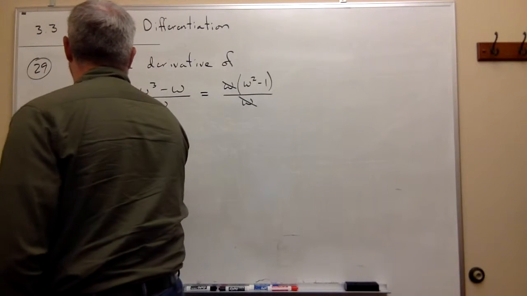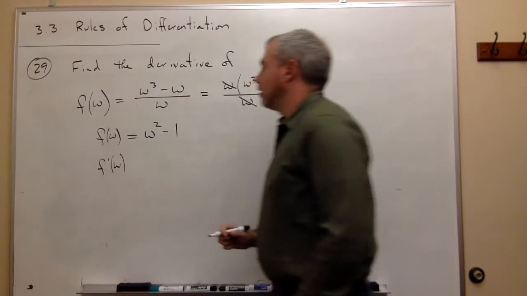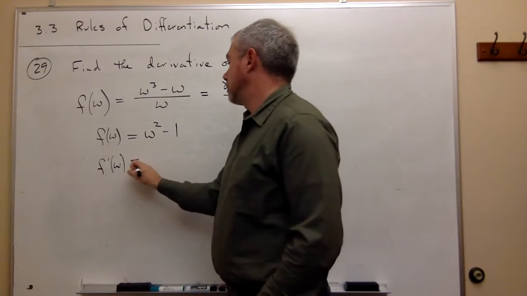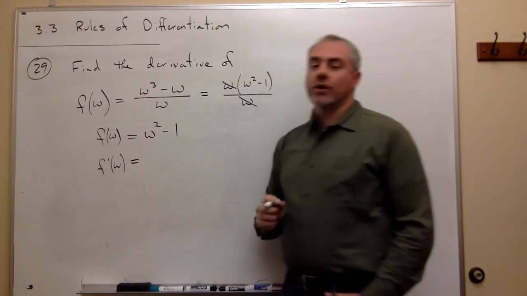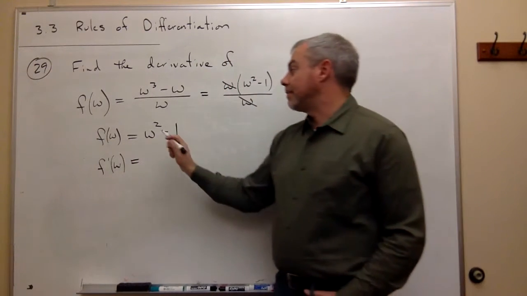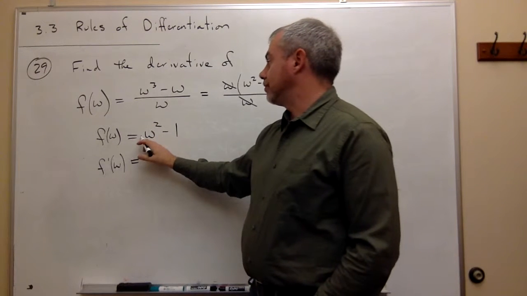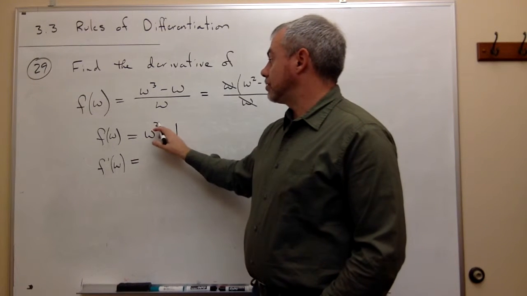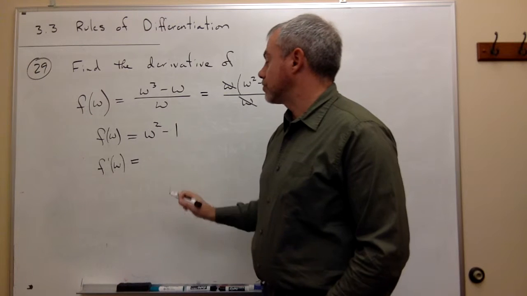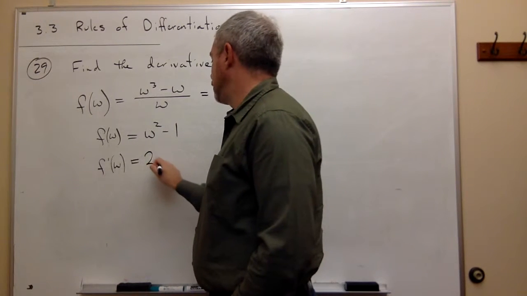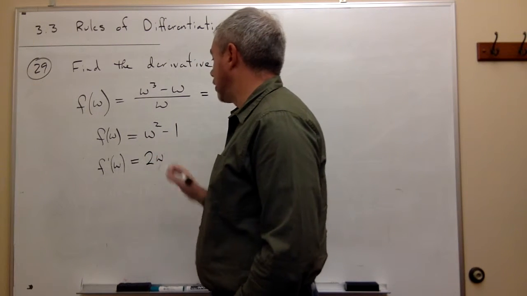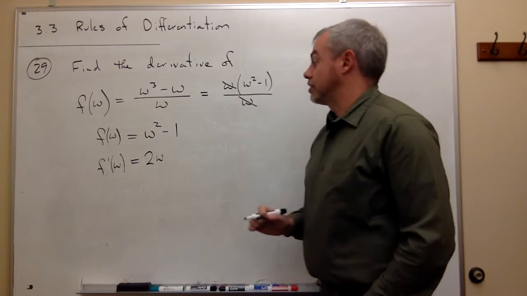So we get f prime of w is equal to, well, the derivative of w squared, we just use the power rule. The power rule tells us we should bring down the 2 and then change the exponent to 2 minus 1. In other words, I'd get 2w to the first power, or just 2w.